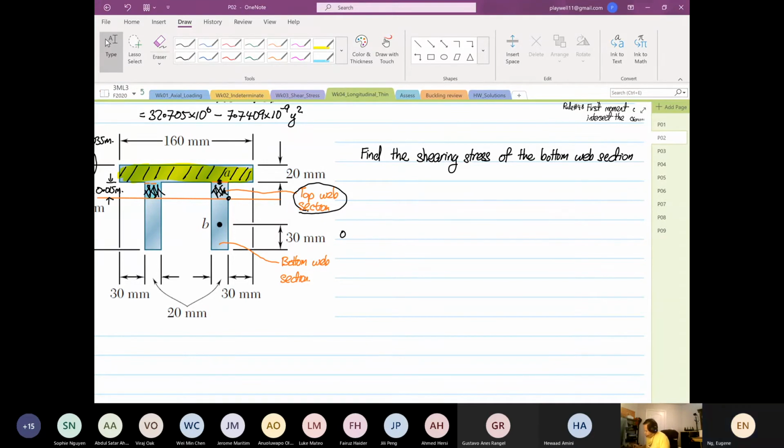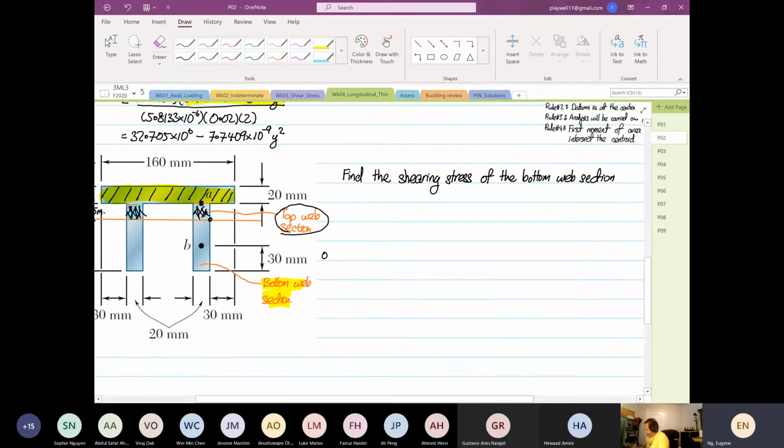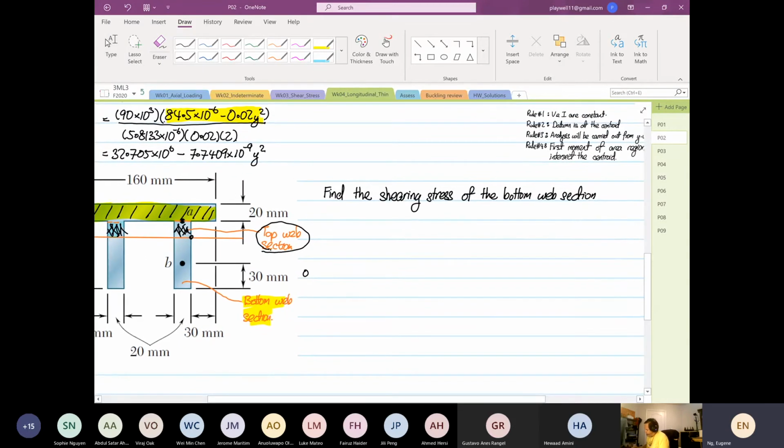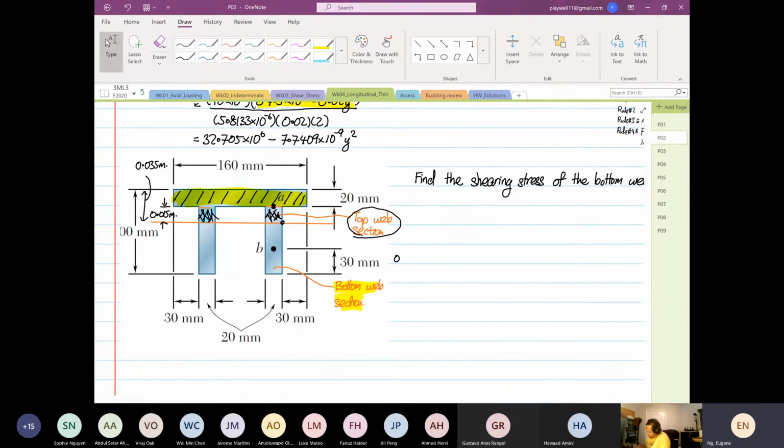Now we are going to find the shearing stress of the bottom web section. This is where we highlight the region of the bottom web section. The datum is at the centroid, and this is the analysis direction.